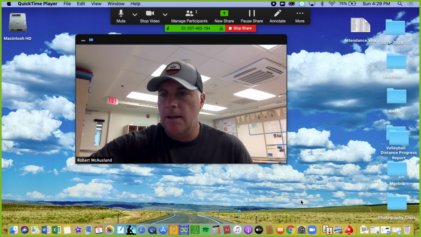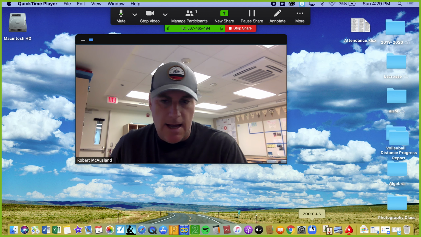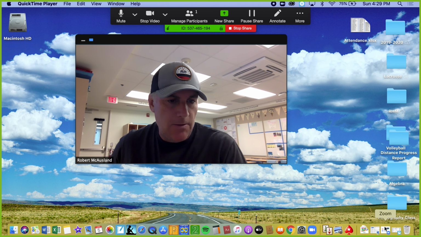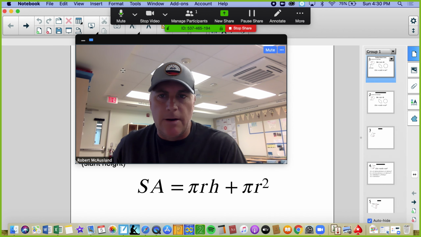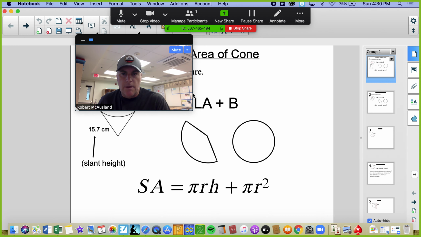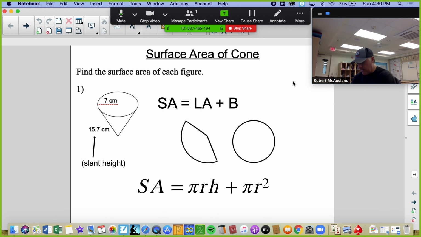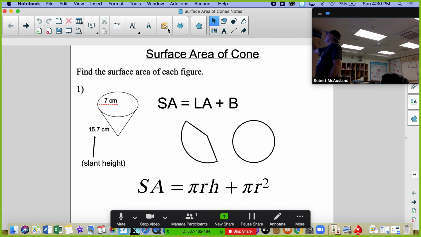So let's take a look here. Where's my surface area notes? I'm going to make this smaller. And now let's look at our diagram. So we have this cone, and the cone is upside down, and it has a slant height of 15.7 centimeters.